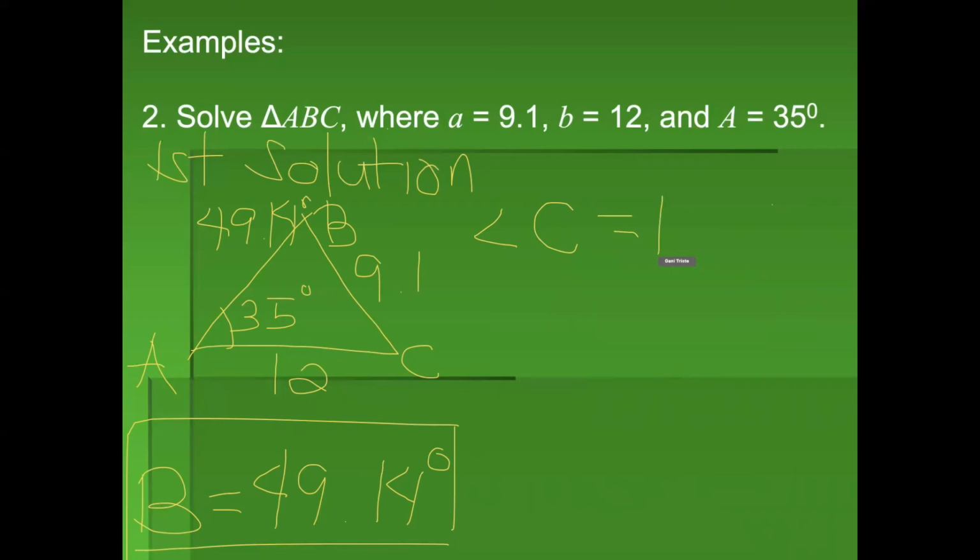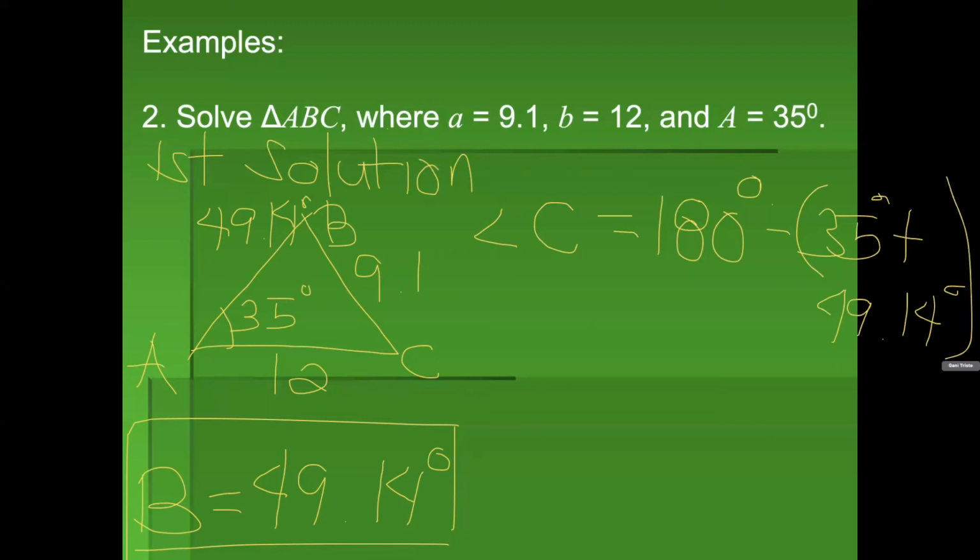So basically, our solution will be 180 degrees minus the sum of 35 plus 49.14 degrees. Solving for angle C, we can say that angle C is 95.86 degrees.